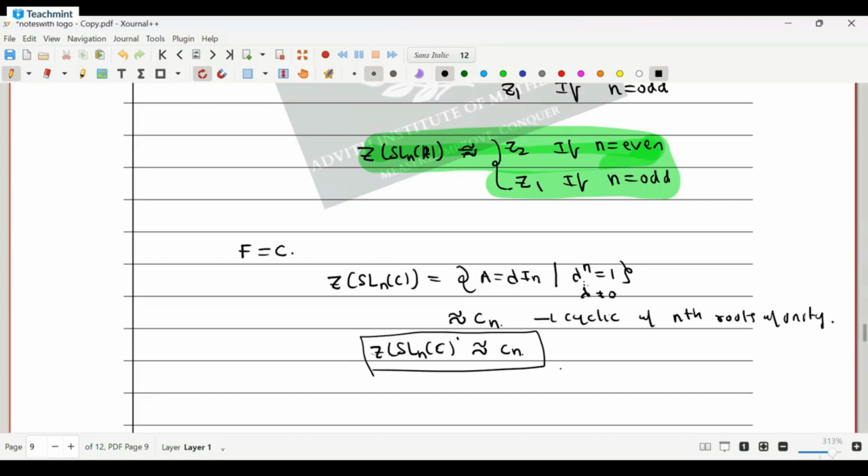So it is a cyclic group of nth roots of unity, which is a group with respect to multiplication, sir. So the number of elements in Cn is equal to n. Therefore in this case the cardinality of SLN of C is equal to n.